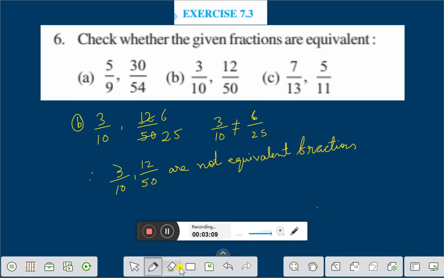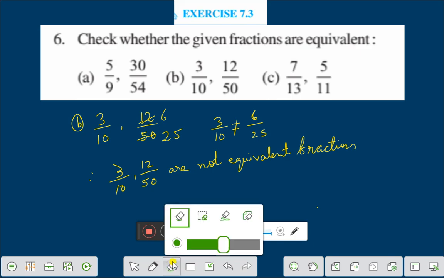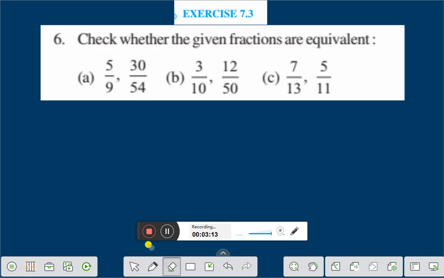Next we solve question number C. Question number C is 7 by 13 and 5 by 11.